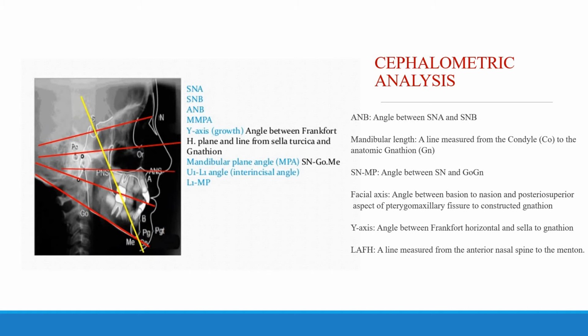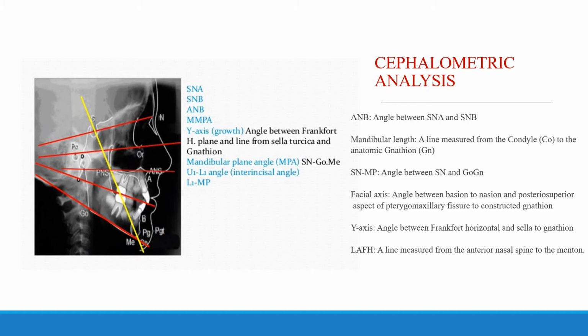Other studies found that the maxilla was in a normal position in relation to the cranial base, while the mandible was retrusive. Others found that class 2 skeletal pattern is due to both maxillary protrusion and mandibular retrusion.